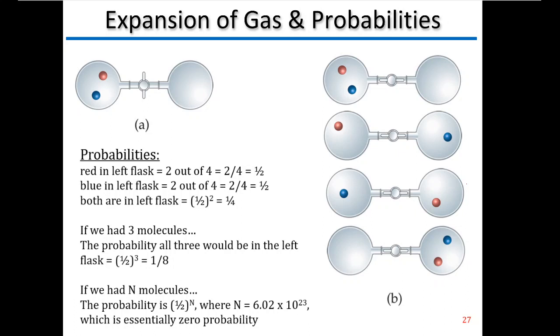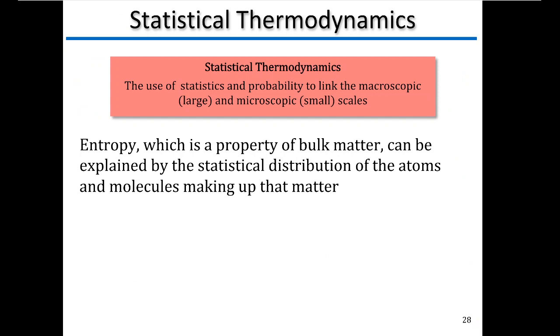So moving on. This is what's called statistical thermodynamics, which is the use of statistics and probability to link macroscopic and microscopic scales. In other words, it's a way of applying the properties of bulk matter, such as entropy, to explain the statistical distribution of the atoms and molecules making up the matter.